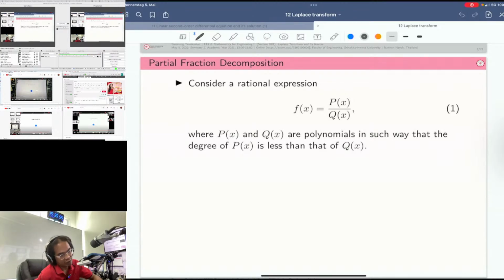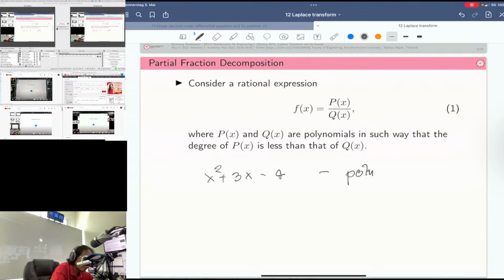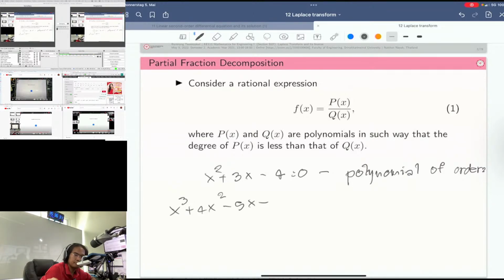You know polynomial of order, right? For example, x squared plus 3x minus 4. This is a polynomial of order 2. Okay, and x cubed plus 4x squared minus 5x, sorry, and minus 6.